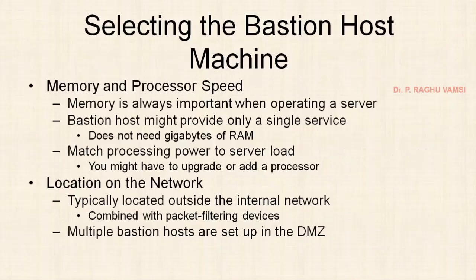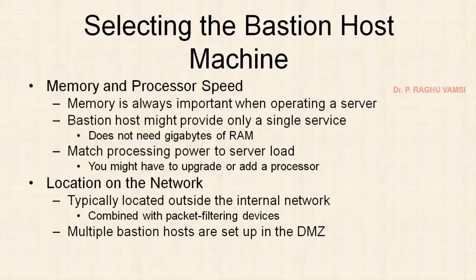Memory and processor speed are very important, because the packets coming into the bastion host must first be buffered and loaded into memory, and then the processing takes place. So memory is always important when operating a server. A bastion host must provide only a single service, so it does not need gigabytes of RAM.